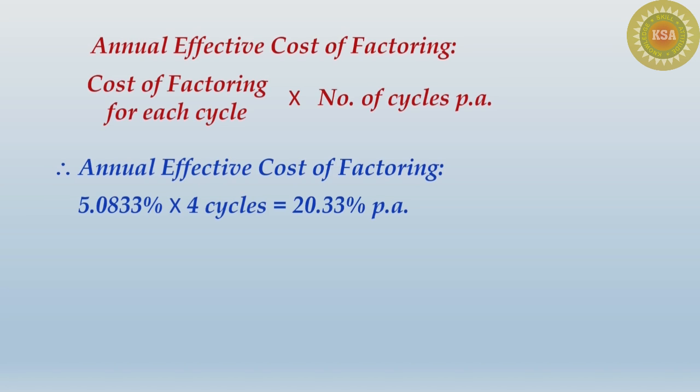So you can just make the calculation either directly on a per annum basis, or first you make the calculation on per cycle basis and then multiply by 4 cycles. Choice is yours. I will prefer that if it is a per annum calculation required, I will directly make the calculation for the entire year.